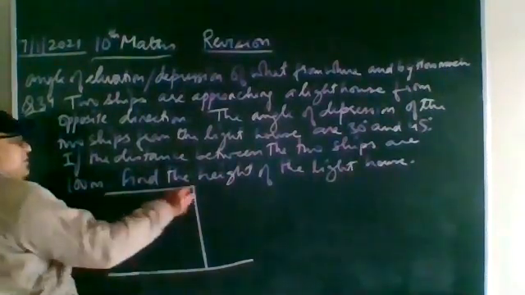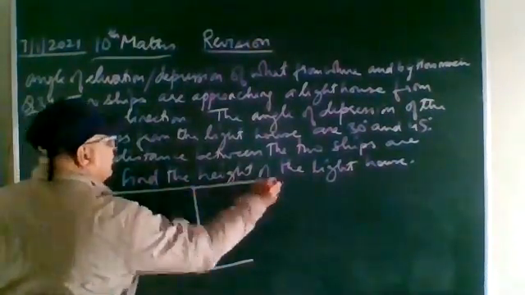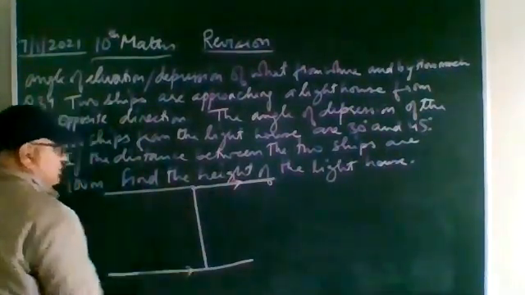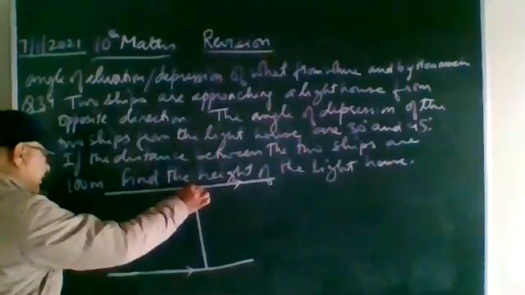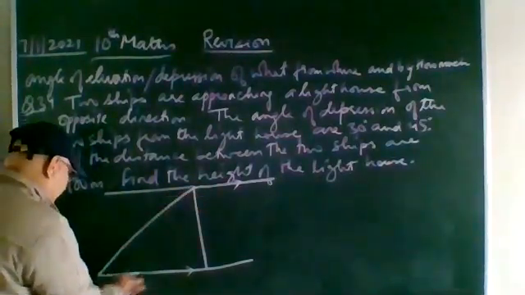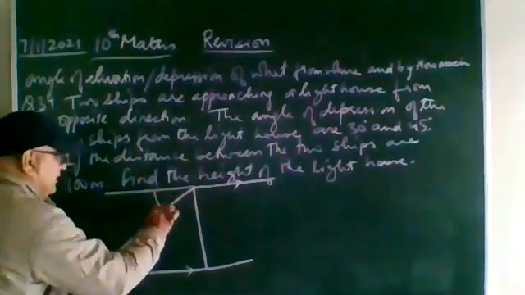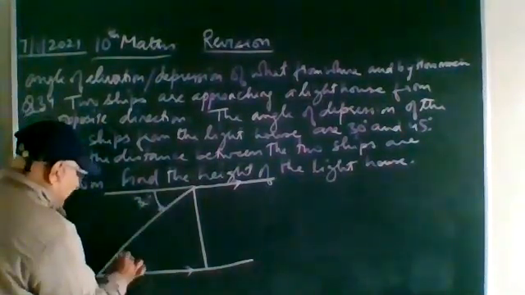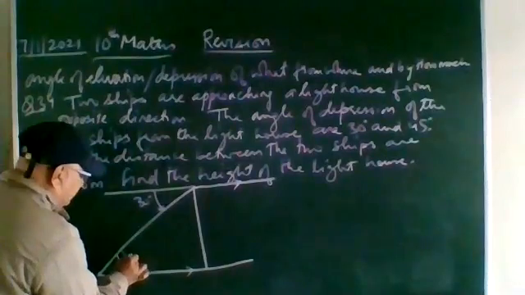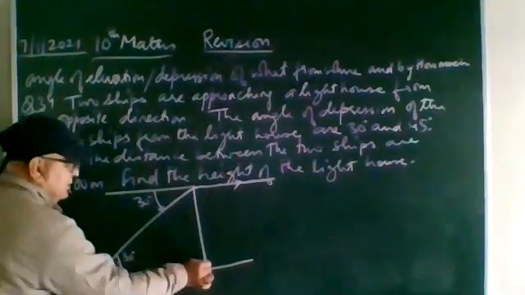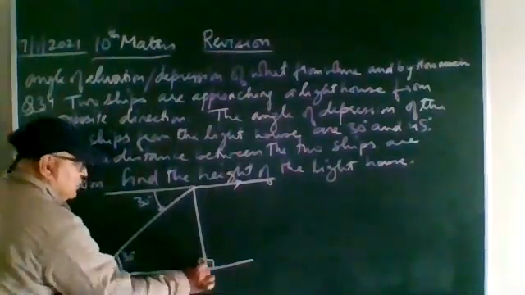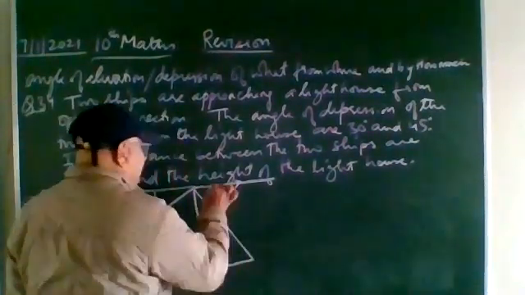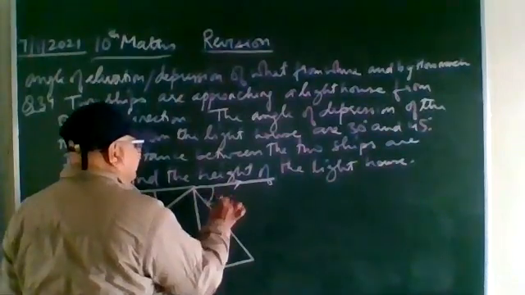So, this is normal side, and this is parallel to this. So, one angle is 30 degree, the depression is like this, so you write 30 degree here. This is lighthouse, 45 degree. Now you can say that this is 45 degree.